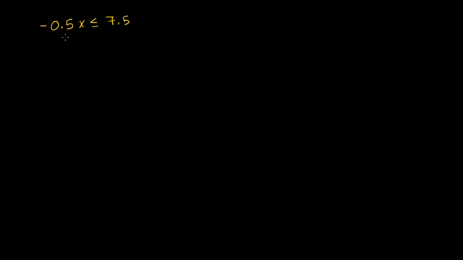You swap the inequality. Think of it this way. I'll do a simple example here. If I were to tell you that 1 is less than 2, I think you would agree with that. 1 is definitely less than 2. Now, what happens if I multiply both sides of this by negative 1? Negative 1 versus negative 2. Well, all of a sudden, negative 2 is more negative than negative 1.